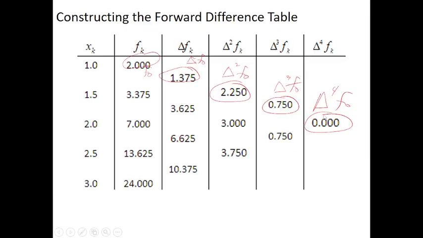It so happened that it is 0. Therefore, there's no chance that it will be a 4-degree polynomial. Instead, it becomes a third-degree polynomial because delta to the fourth f sub k is equal to 0.